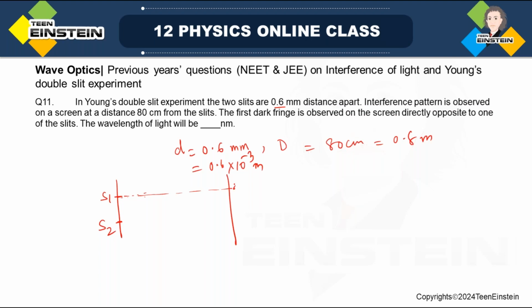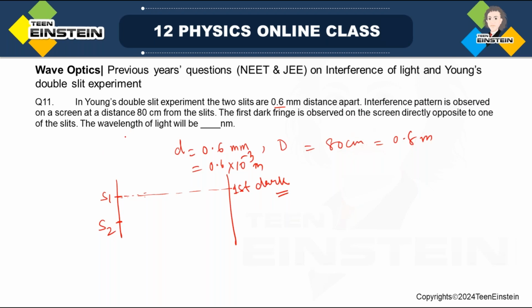So here the first dark is happening. The first dark fringe is observed on the screen directly opposite to one of the slits. Then you have to find out the wavelength of the light used.